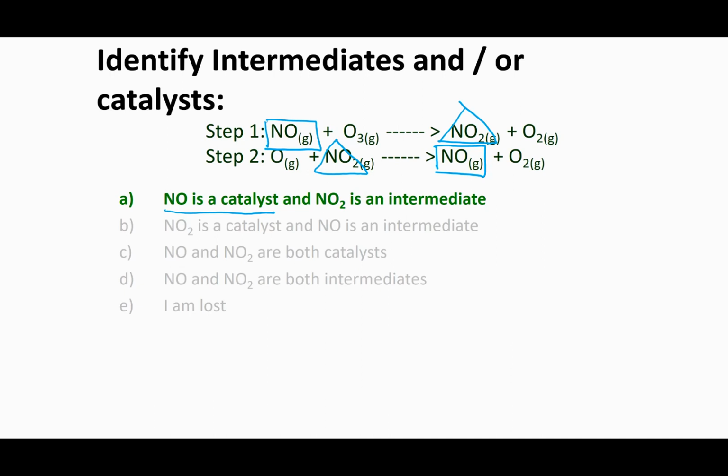So if it is produced and consumed, that means that NO2 is an intermediate. So at the end of the day, if you run this reaction, you should not have any NO2, but you should start with the original amount of NO you had before you started this reaction.